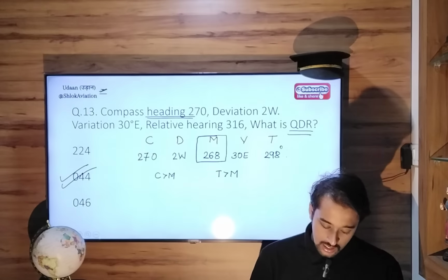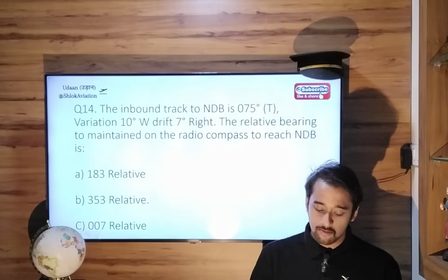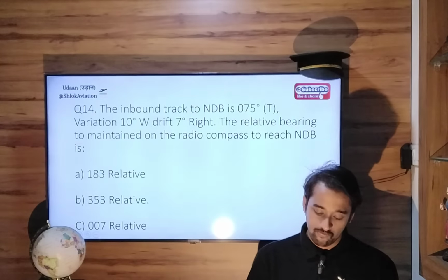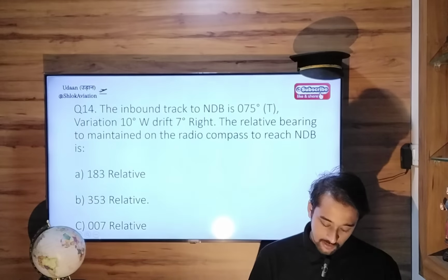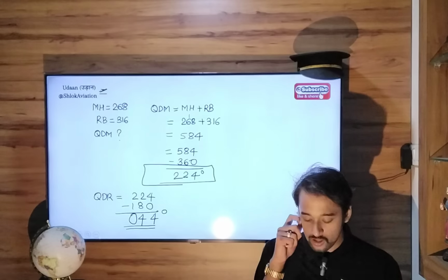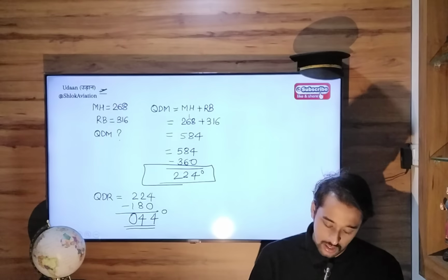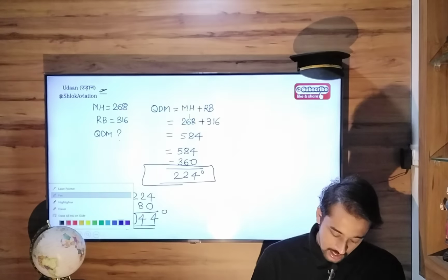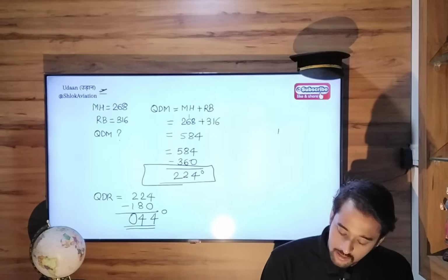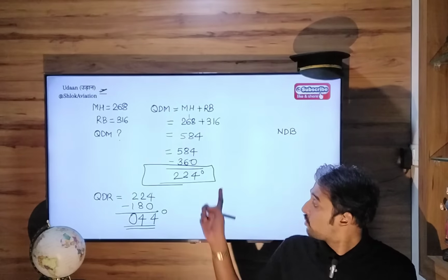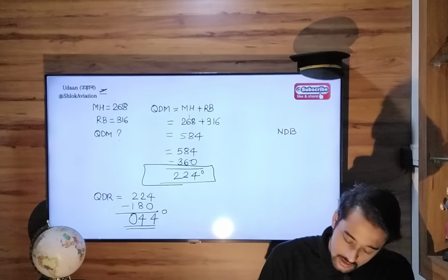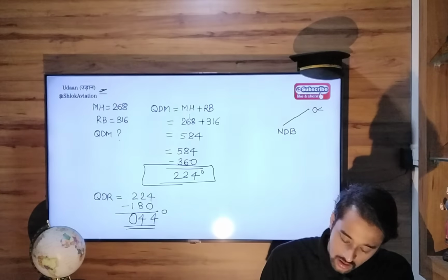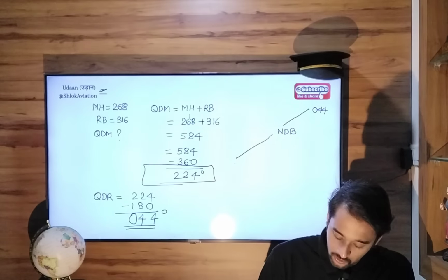Okay. Let's go to the next question. The inbound track to NDB is 075. Before that, if you want to represent this diagrammatically, it will be like this: this is your NDB. QDR is 044. QDM is 224.